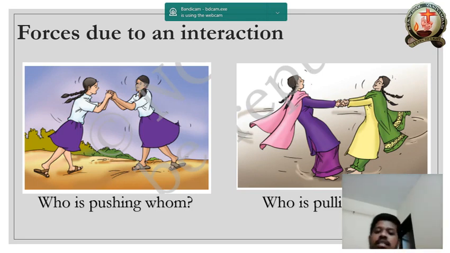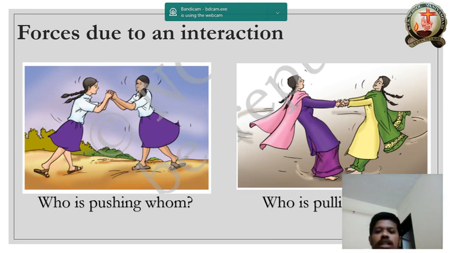So in both cases, there is a force being applied. These two girls are pushing each other, and in the other picture, these two girls are pulling each other. But we cannot determine who is pushing whom and who is pulling whom, because equal or balanced forces are being applied here. Okay, so you need to understand this.